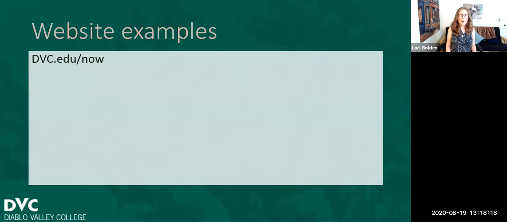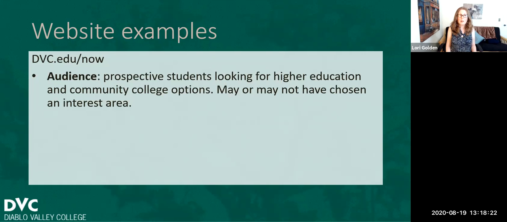So let's look at some actual website examples to put this into some context. We have a web page that we use primarily for our marketing externally. So when we run external ads on Google, we drive people, prospective students, to a page specifically called dvc.edu/now.